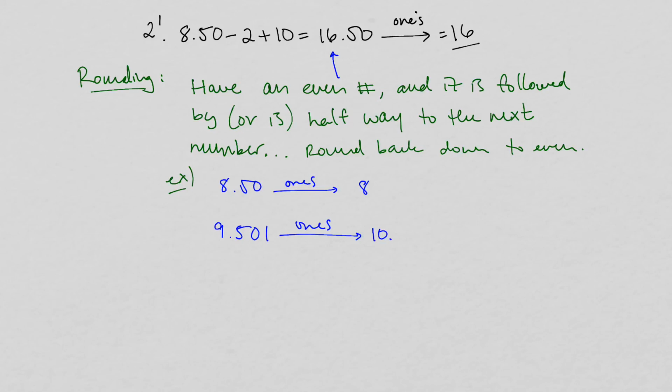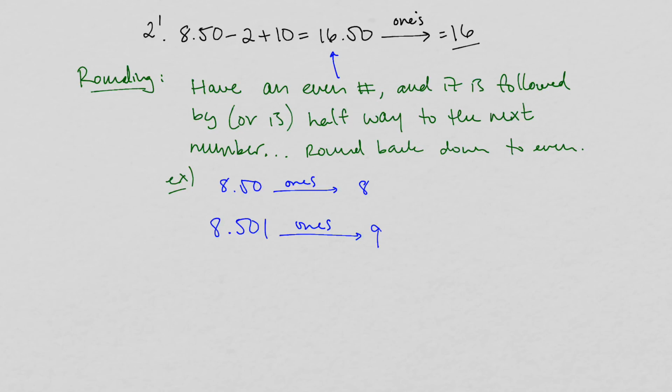Actually, let me redo this because I'm not getting to odds yet. Let's go 8.501, and that's 9. Sorry, I miswrote that. I'm a little bit farther ahead on my notes than I am on the screen. There we go, 8.501, rounding to the ones place would be 9. So for even numbers, if it's exactly halfway, you're going to round back down to the even. If it's even a little bit over halfway, you're going to round up to the odd.